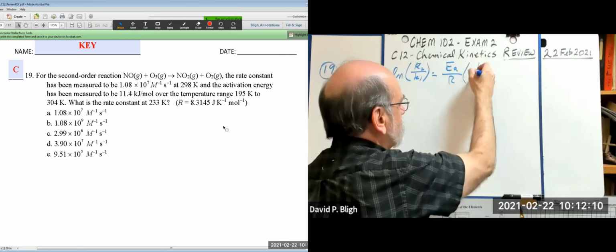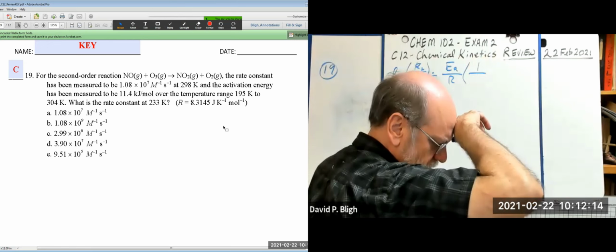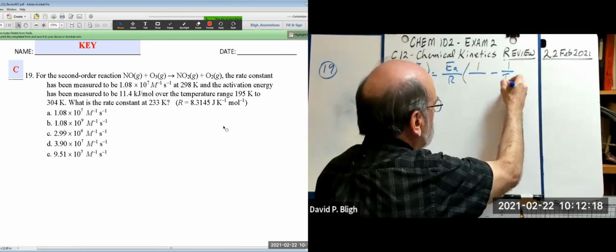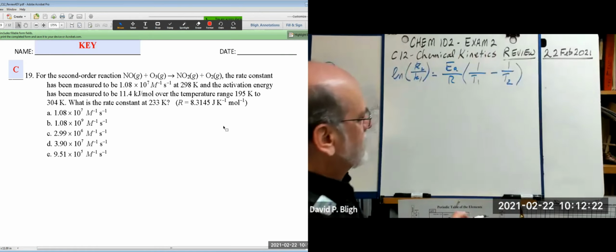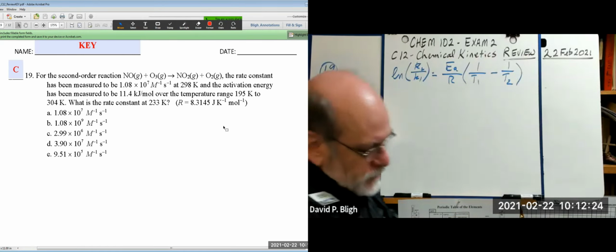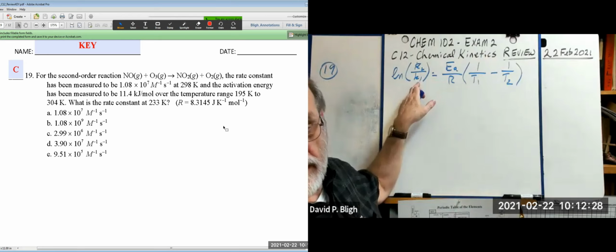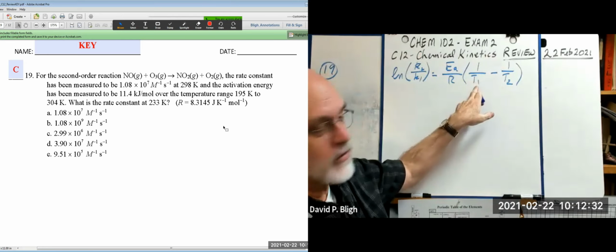And then you have, is it minus or plus? Minus. There you go. So K1 is at the lower temperature, K2 is at the higher temperature. So there's your higher temperature, there's your lower temperature.